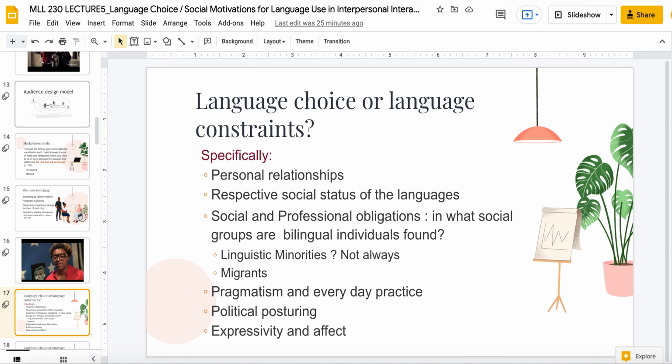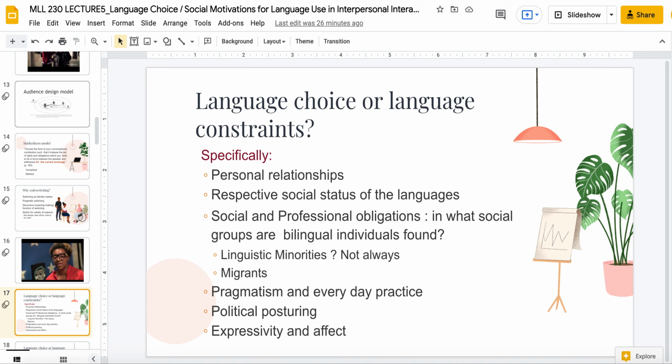What are the reasons that someone might speak a language, and what are the reasons that might hold someone back from speaking a language? Could be personal relationships, could be social statuses of the languages.